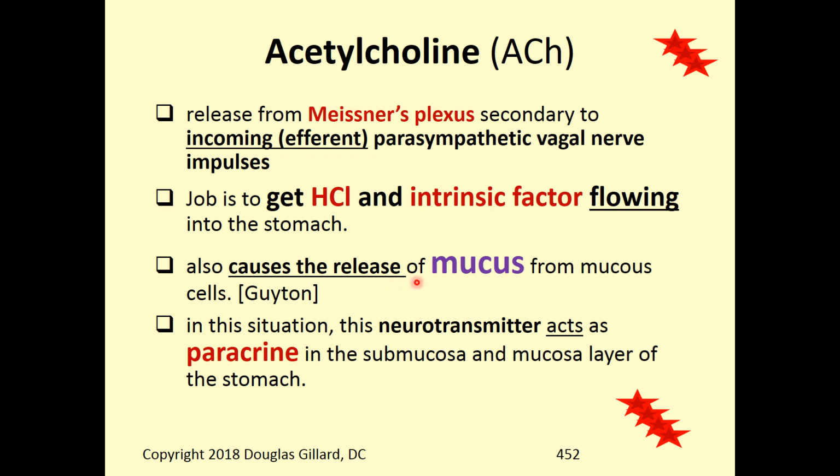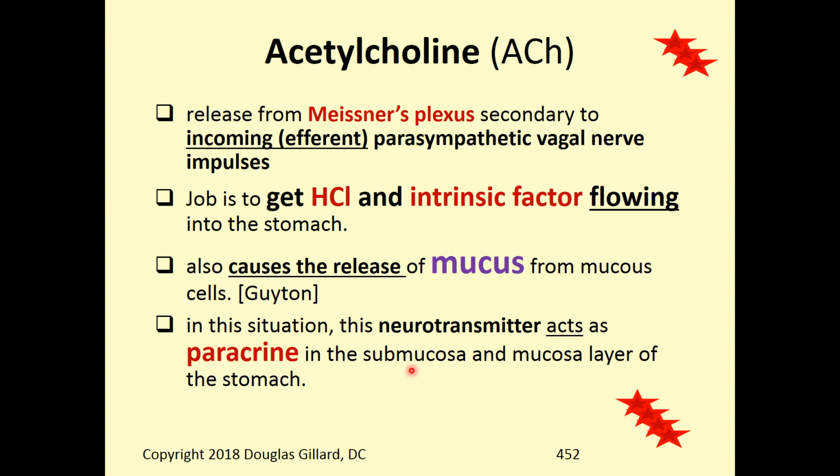It can bind to mucous cells as well and stimulate that release. In this situation, this neurotransmitter acts as a paracrine, because paracrines are swimmers. In the submucosa, it has to swim through that a little bit, and just like GRP does, it has to go through a little submucosa. Why submucosa?